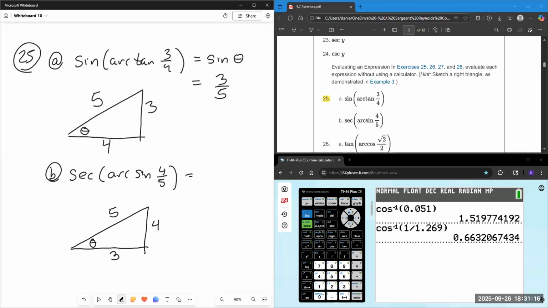This is secant of theta, which is, remember, the reciprocal of cosine. So that is hypotenuse over adjacent, 5/3.